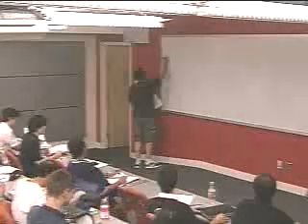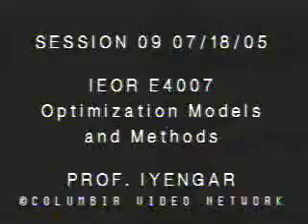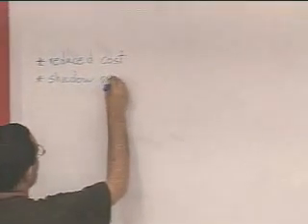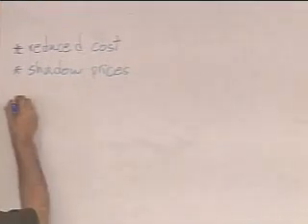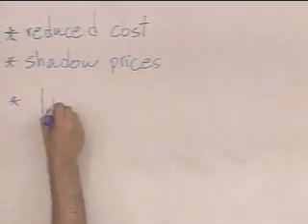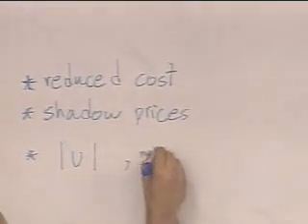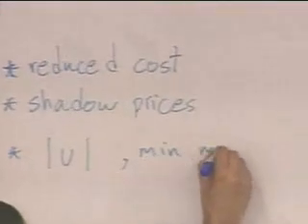Yeah. So, do you want to talk about reduced costs? And what else? Shadow prices. Anything else? Go over the absolute values or the minimization of max also. Okay, so the absolute values and minimization of max, yes?